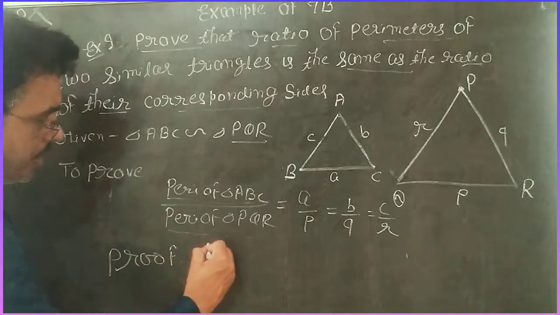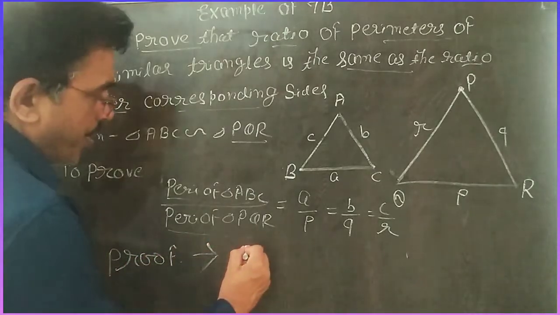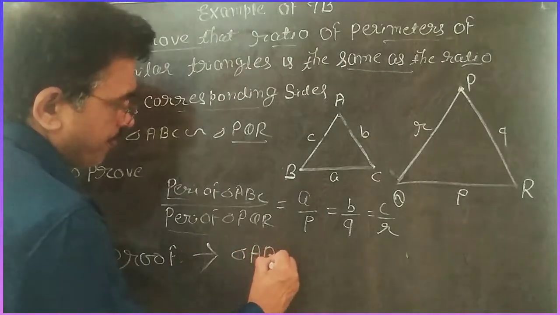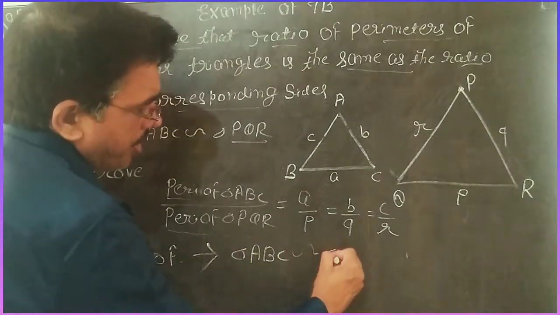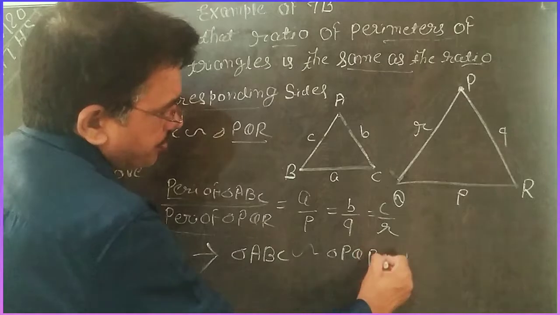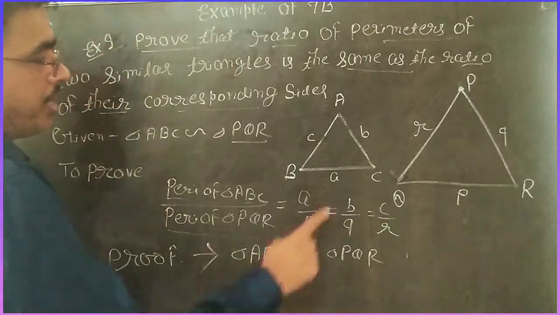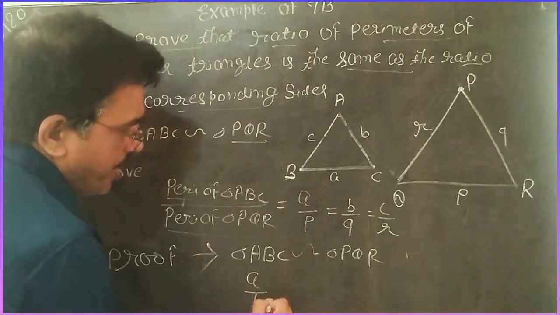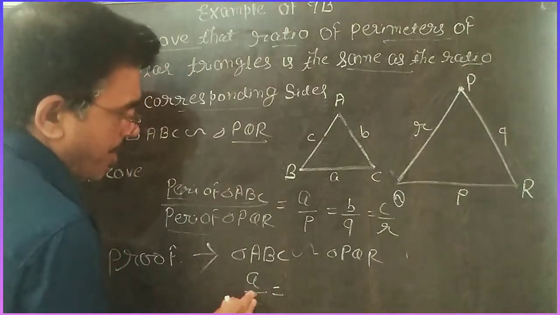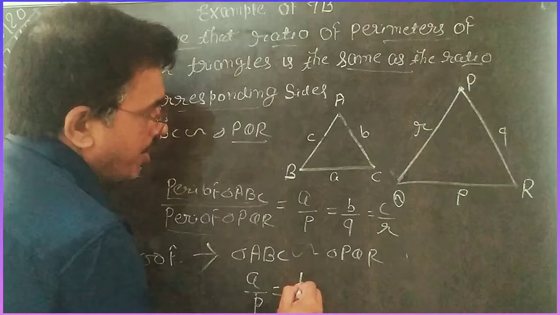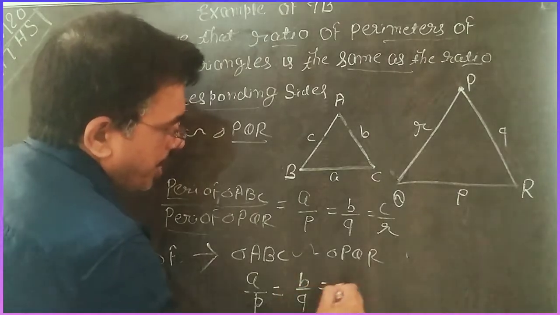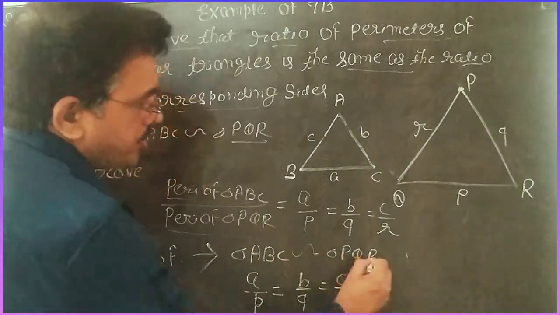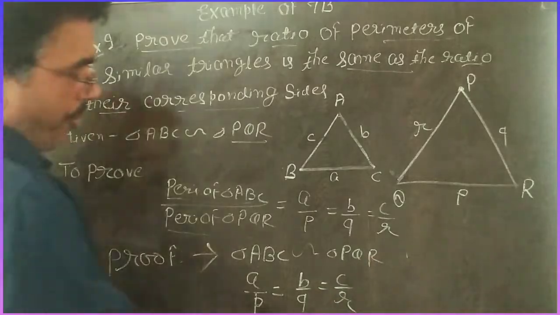In the proof, construction is not needed in this question. In the proof, triangle ABC is similar to triangle PQR. If triangles are similar, then their corresponding sides are in proportion. So a by p is equal to b by q is equal to c by r, because both triangles are similar. Why is it equal?